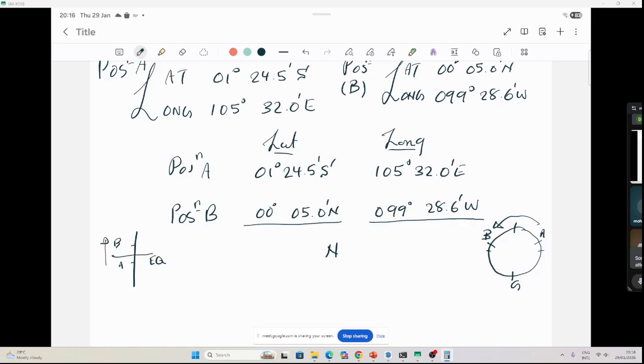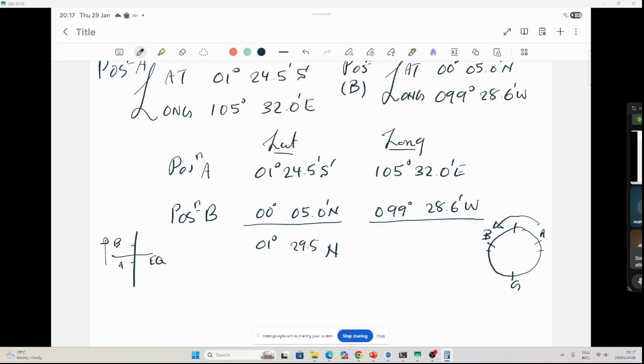So let's add these two, 24.5 plus 5, which is going to be 29.5. All right, okay, and 0.1 degrees. Then longitude is going to be, you have to add, in this case you can see that you have to add, because the shortest distance from A to B is the anti-clockwise direction, so you have to add and subtract it by 360. So in this case it is going to be 28.6.